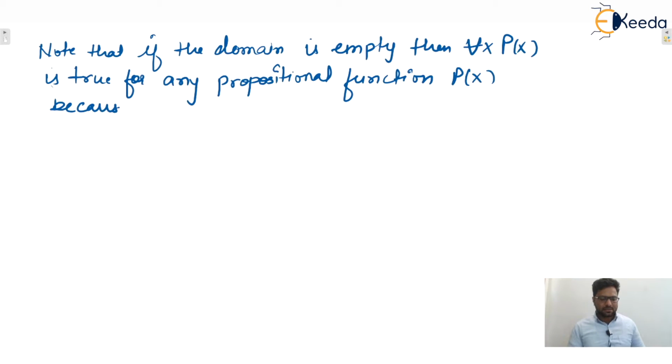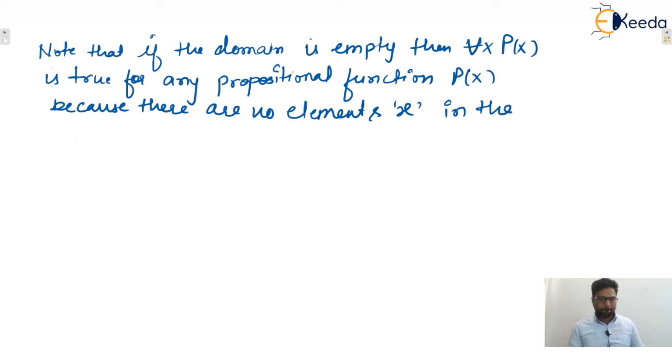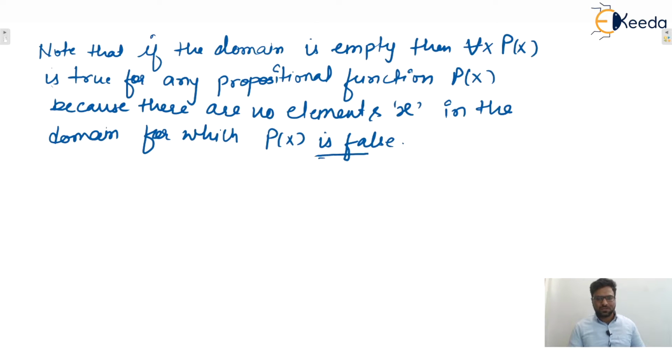Why? Because there are no elements x in the domain for which P(x) is false. I hope this is clear to everyone.